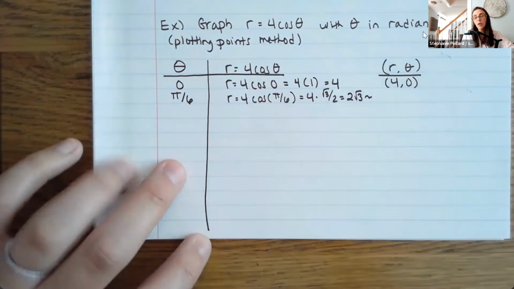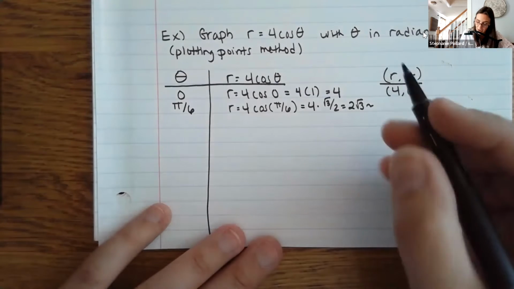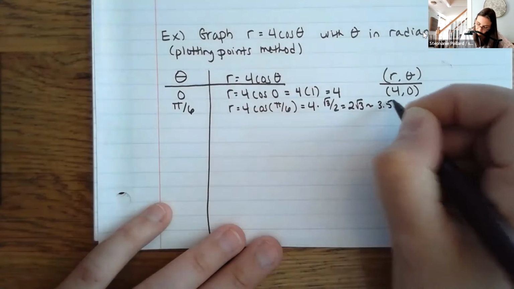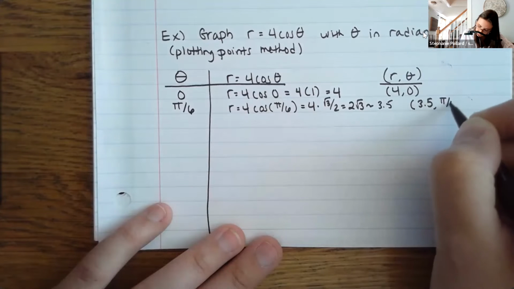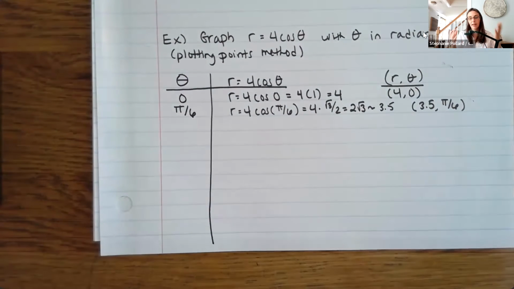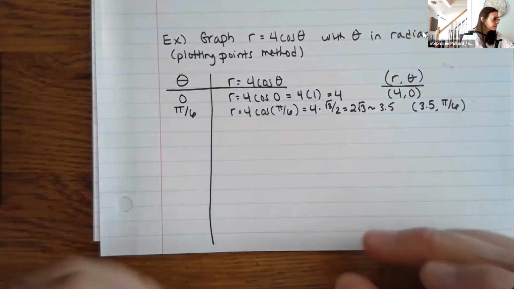And then for graphing, you probably want the decimal version here. So I would just plug this into my calculator and I get about 3.5. And again, it just helps us with graphing. I don't really know what 2 root 3 is off the top of my head. So for graphing purposes by hand, the decimal is going to be helpful there.